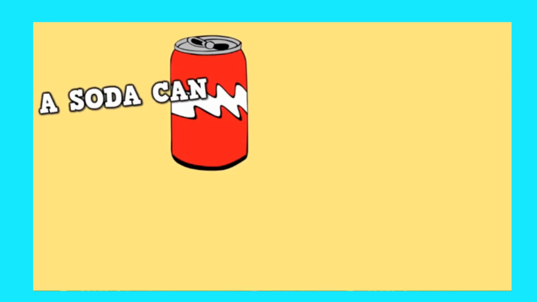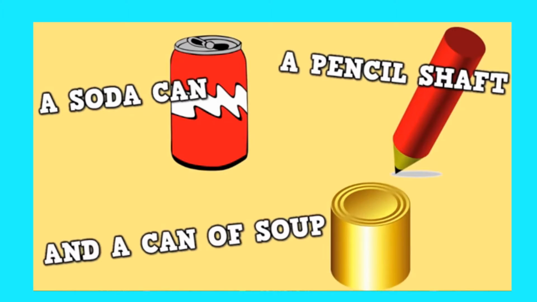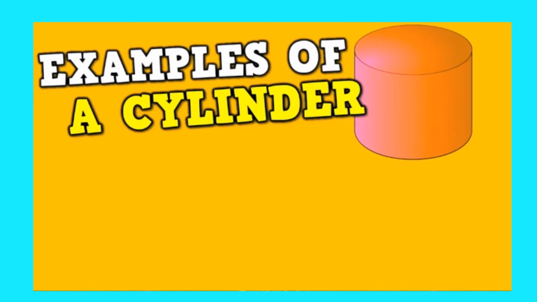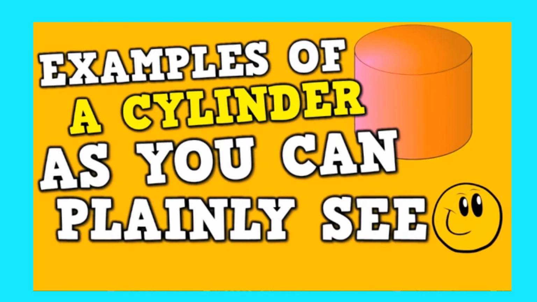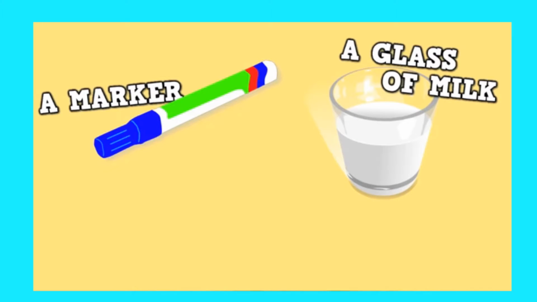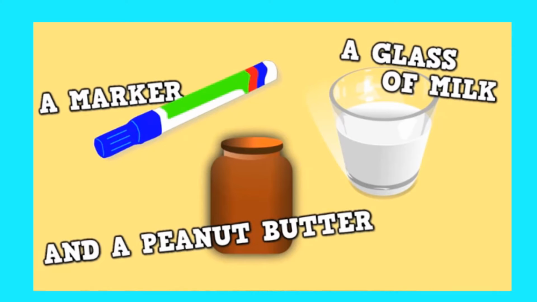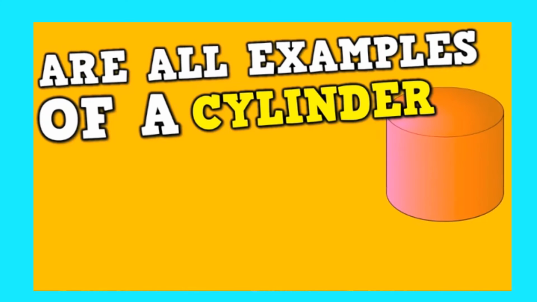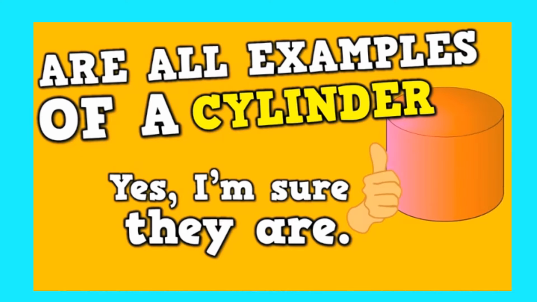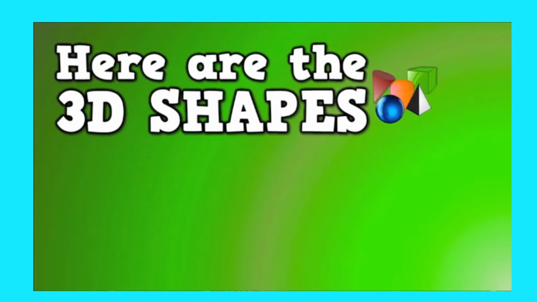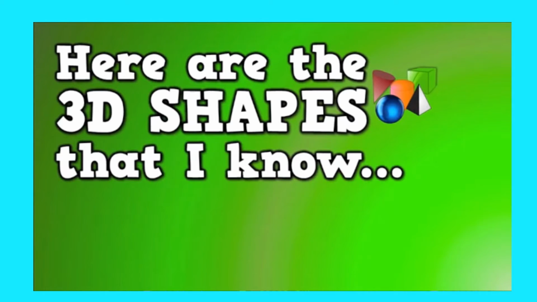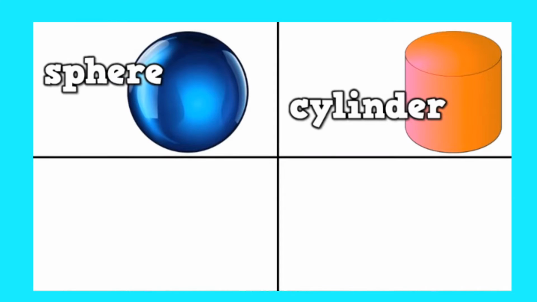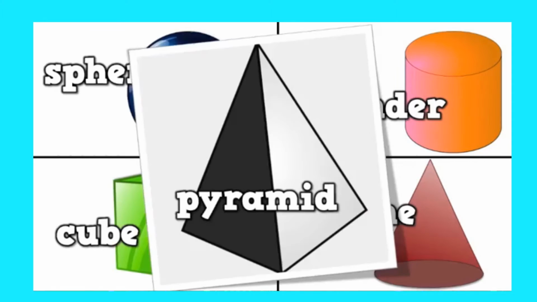A soda can, a pencil shaft, and a can of soup would be examples of a cylinder. A marker, a glass of milk, and a peanut butter jar are all examples of a cylinder.